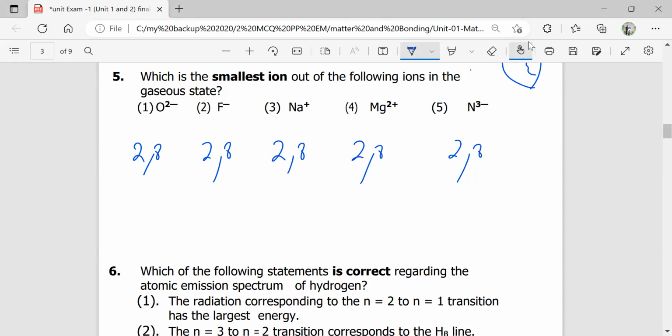But only the proton numbers are different: here 8 protons, 9 protons, 11 protons, 12 protons, then this one 7 protons. The one with the most protons attracts the electron cloud much more powerfully. So the smallest ion is the cation, since cations are usually smaller than anions. It's very clear; this attraction is more powerful.